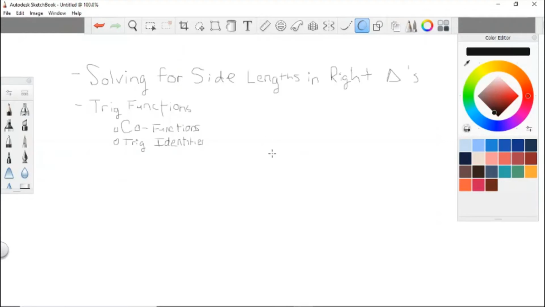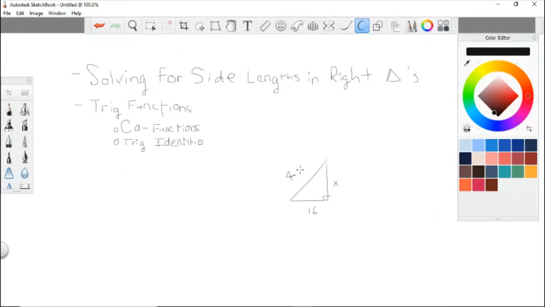The first example, I will have a triangle in which there are the side lengths 16, x, and 40.